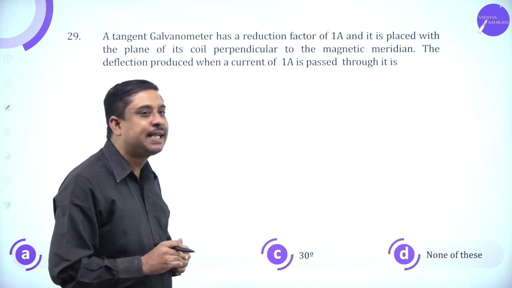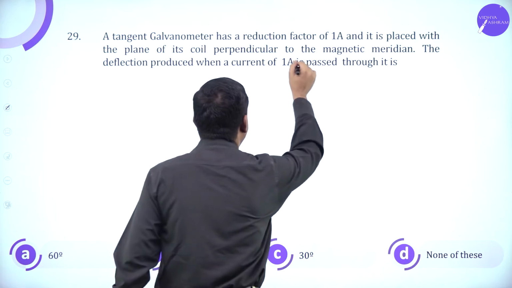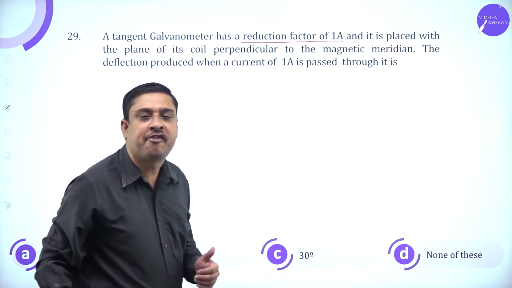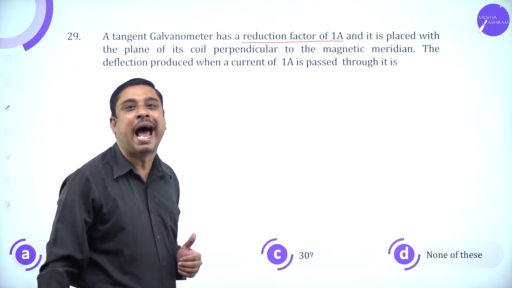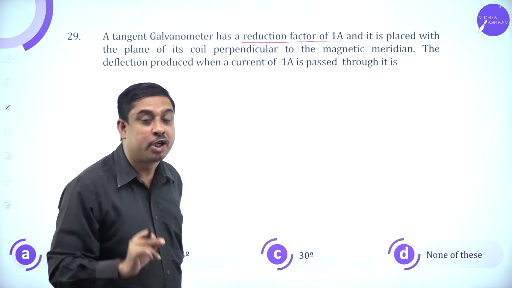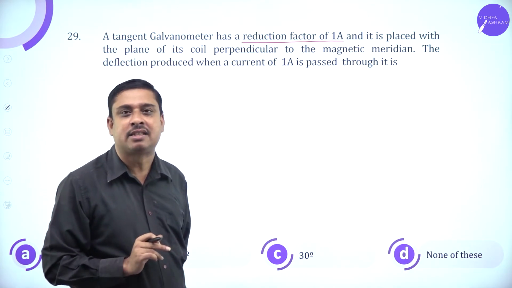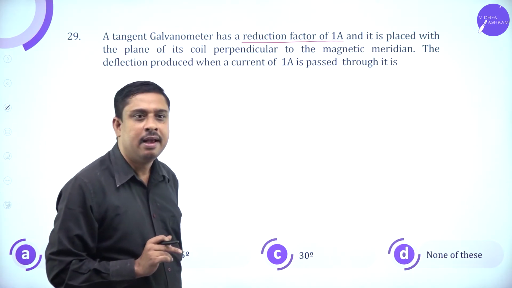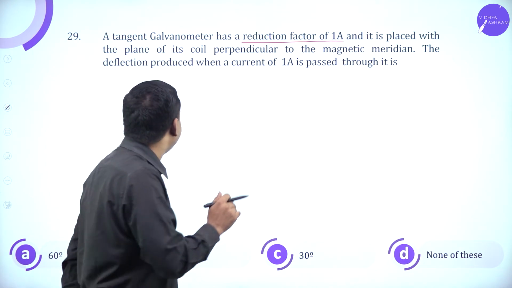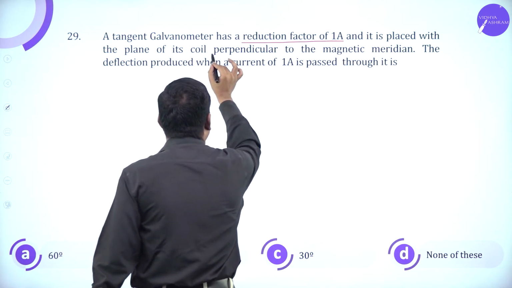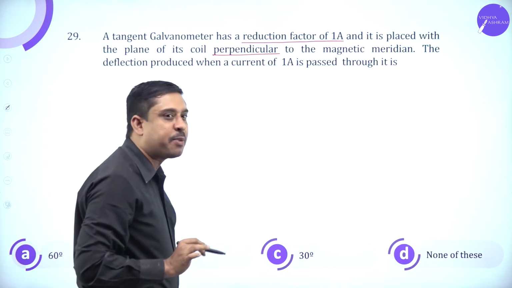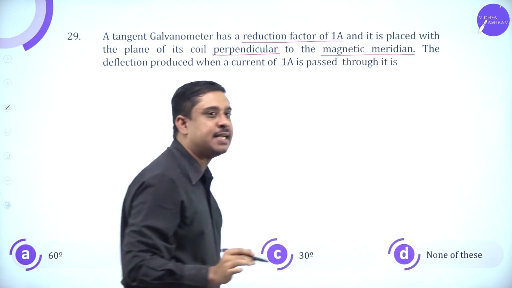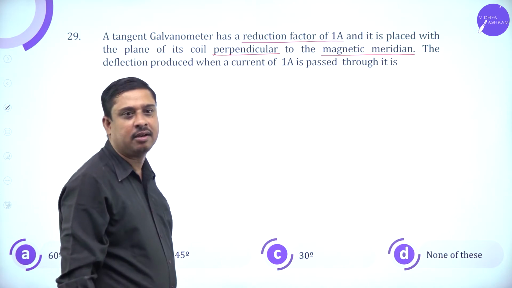A tangent galvanometer has a reduction factor of 1 ampere. Remember, reduction factor, tangent galvanometer. And it is placed with the plane of its coil perpendicular to the magnetic meridian.